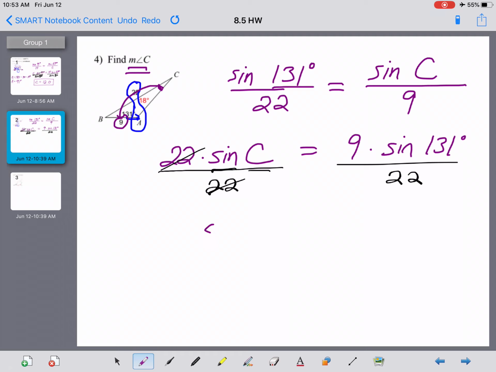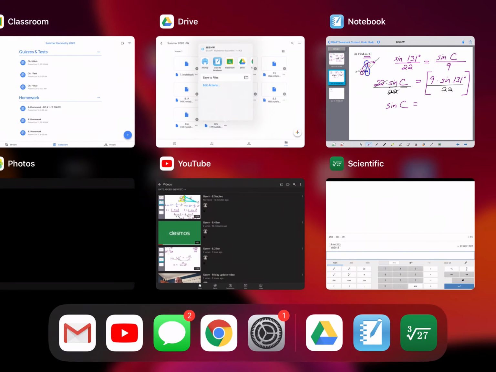Now, if we were in class right now, I would probably tell you guys not to do what I'm about to do next, but I think this is going to be easier for us to understand this way. We're going to dump that into the calculator all at once and write it down on the next line. So we need to do 9 sine of 131 divided by 22.